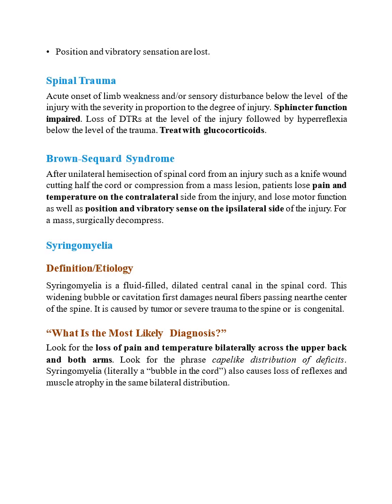So the patient loses pain and temperature on the contralateral side, and also loses motor function, as well as positional and vibratory sense, on the ipsilateral side of the injury. And this is number 2, which is positional and vibratory sense loss on the ipsilateral side of the injury.